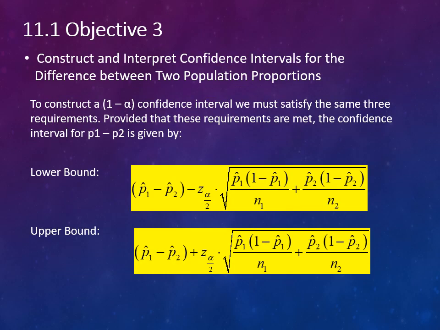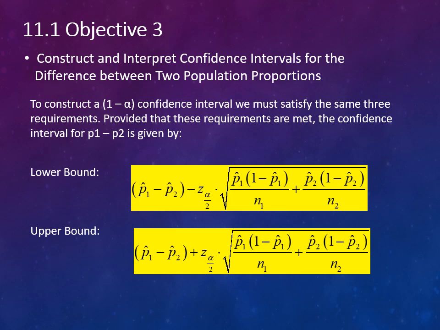Objective number 3 is to construct and interpret confidence intervals for the difference between two population proportions. To construct a 1 minus alpha confidence interval, we must satisfy the same 3 requirements as we did before.